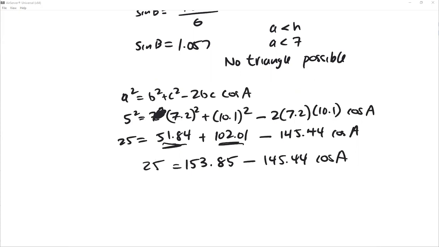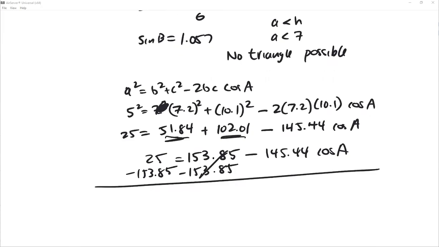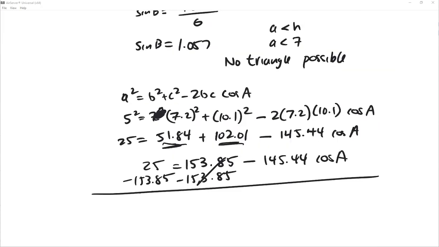Subtract the 153.85. Then you cancel that, so that's 25 minus 153.85, which is negative 128.85, equal to negative 145.44 cosine A. Remember not to subtract these two. It's tempting, but these two are attached with multiplication.